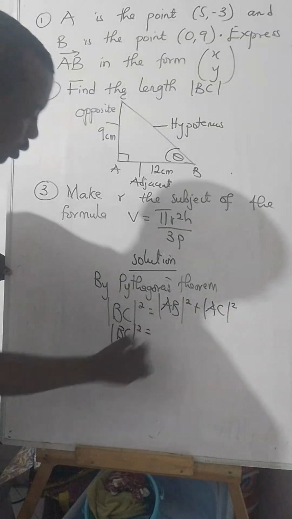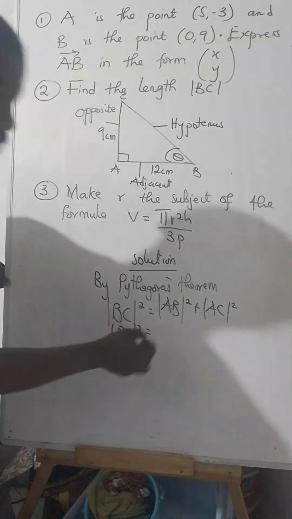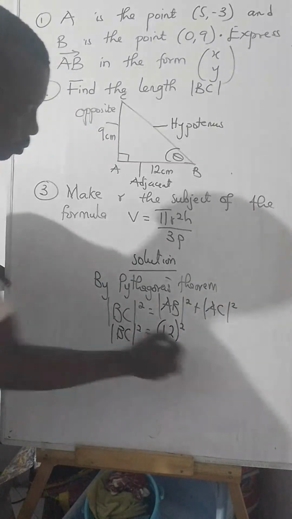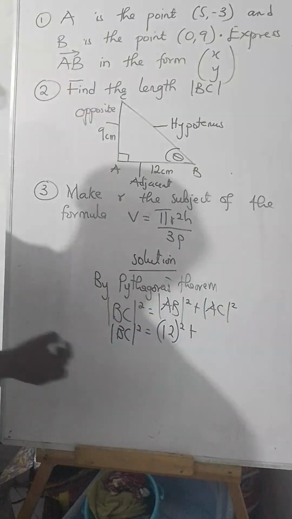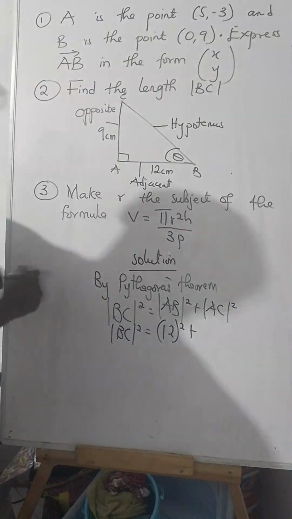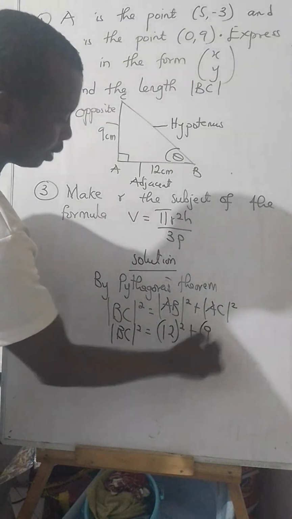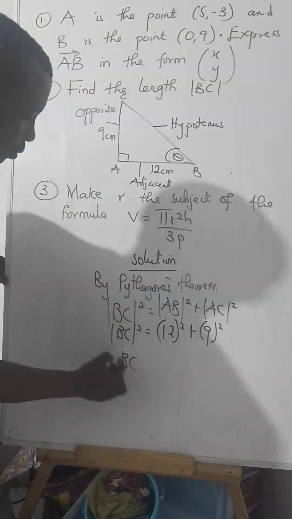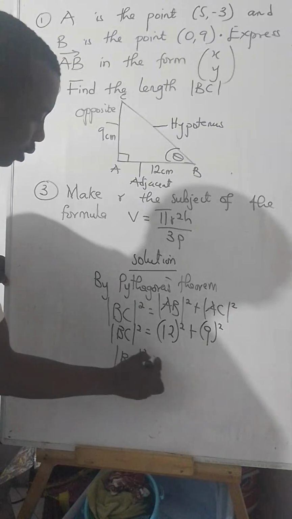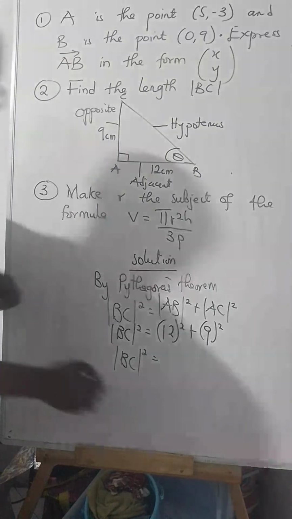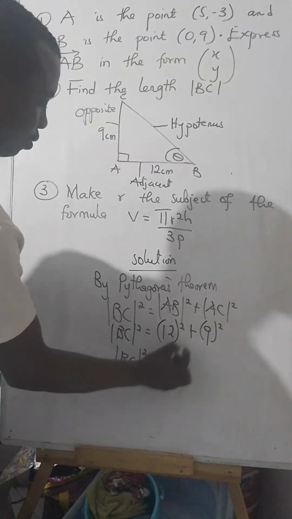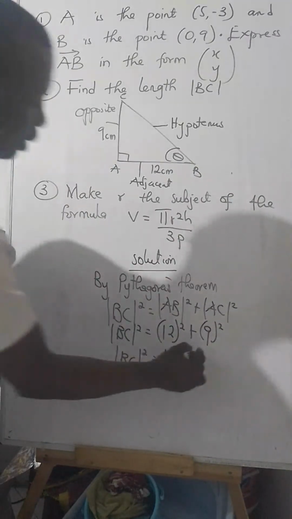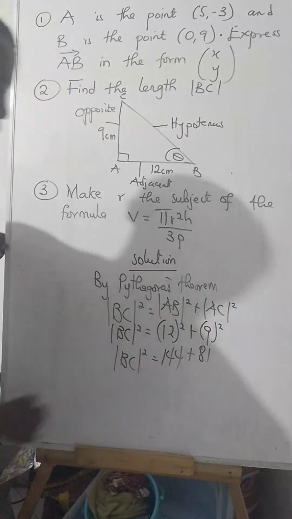So in this case, you have your BC squared equals the AB. The AB is 12, so that is 12 squared plus your AC, that is 9, so 9 squared. So BC squared equals 12 squared, that's 144, plus 9 squared, that's 81.